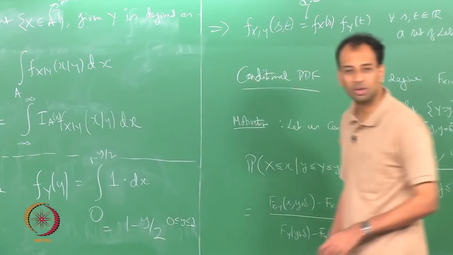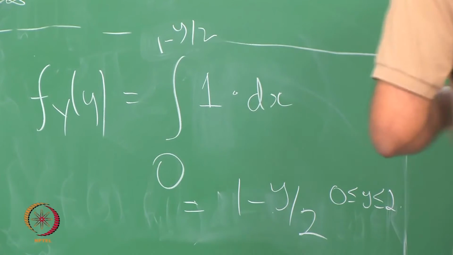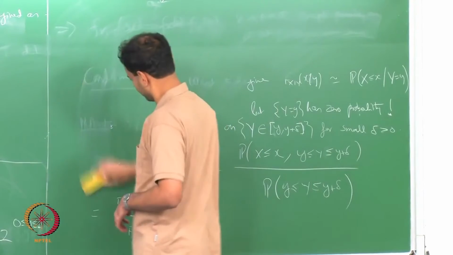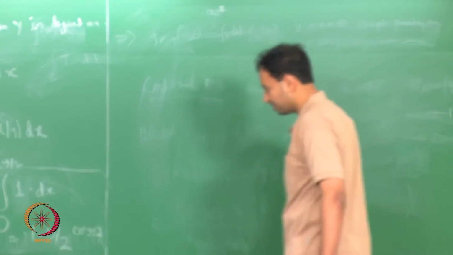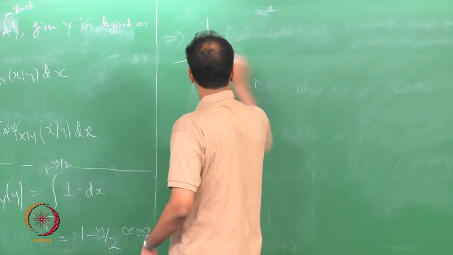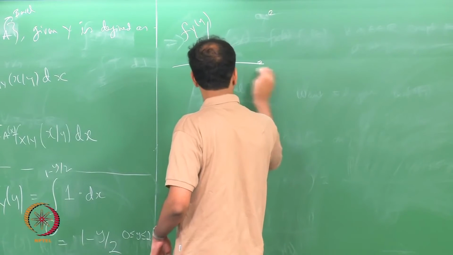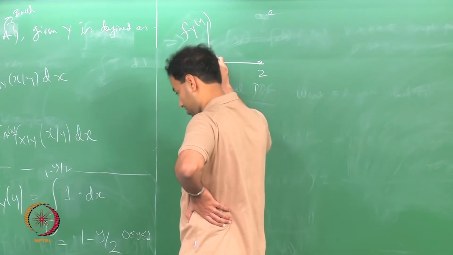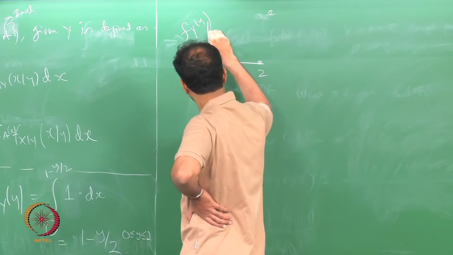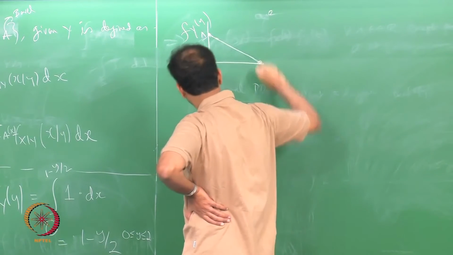So, that is your marginal PDF. So, how does the marginal PDF look? If you plot f y of y, y varies from 0 to 2, and at y equal to 0 I have 1, then I have a line going down like that, right.